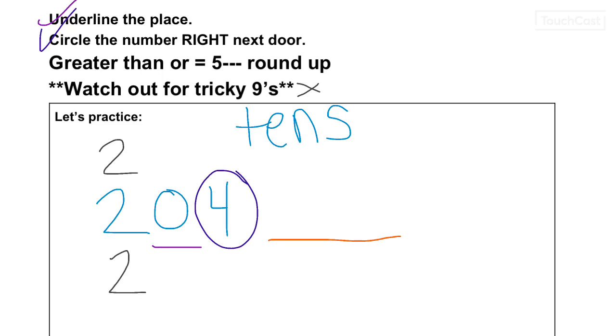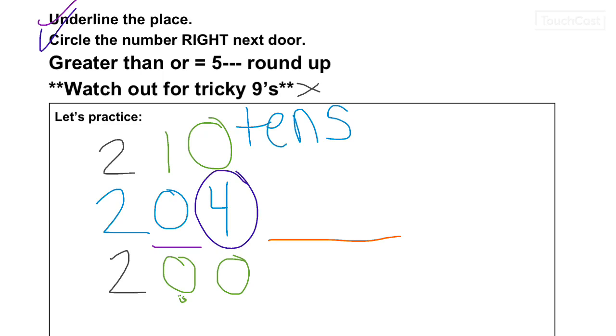Well, it's between nothing, or 0. We have to add another placeholder here. And it's between 10. I had to add 0 here because you can't have an empty space. So I had to add 2 zeros. So the number 204 is between 200 and 210.